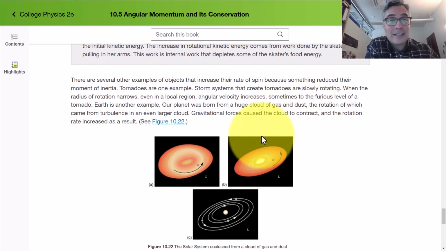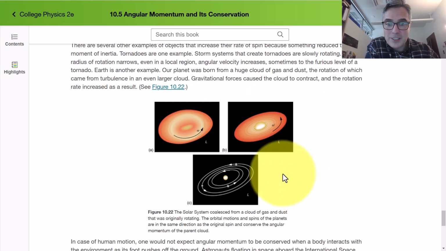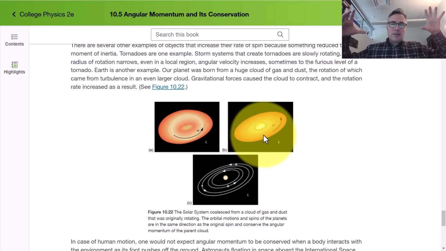And that's actually exactly how the solar system formed 4.6 billion years ago. There may have been a little bit of initial rotation or angular velocity just due to random thermal motions of the gases in the solar nebula, the hydrogen that originally formed the solar system.